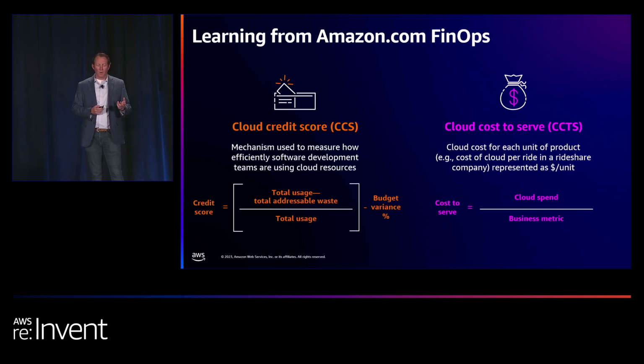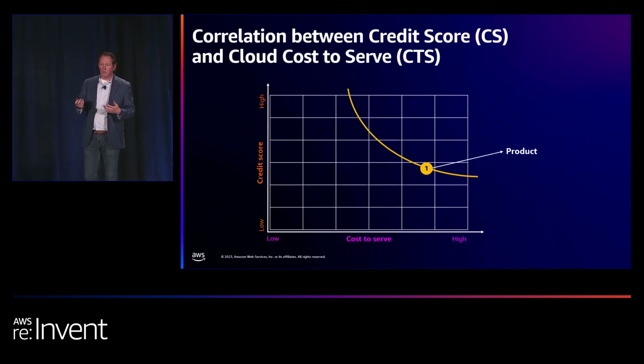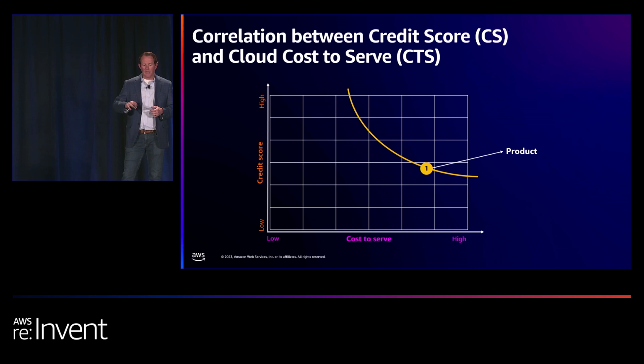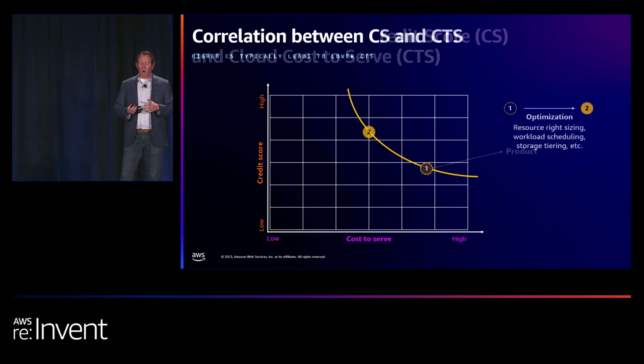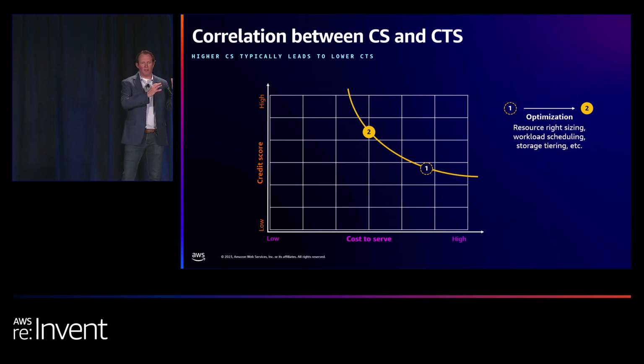So the way it's leveraged is think of this on a 2x2 matrix, cost to serve on the bottom, credit score on the top. For any one application or product, you may see a certain vantage point. So in this case, it's a slightly higher cost to serve, kind of mid-range credit score. Through optimization, you can slide it up the scale in terms of decreasing the cost to serve and increasing the credit score.